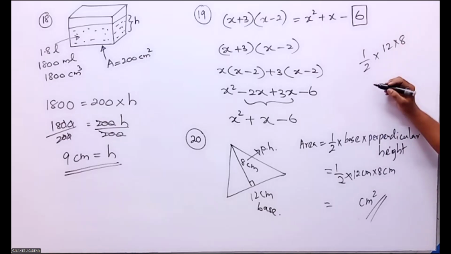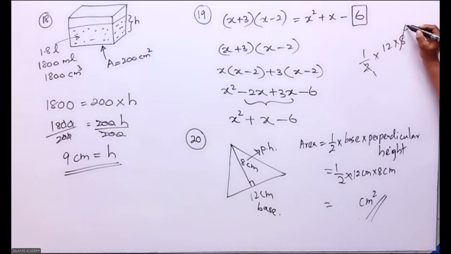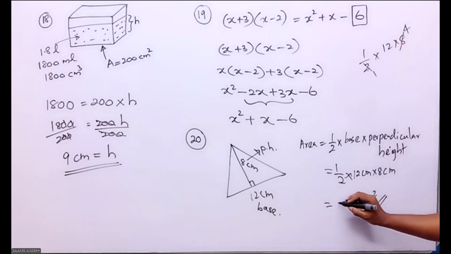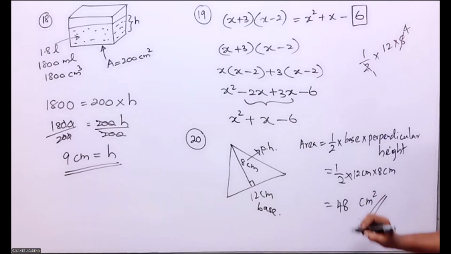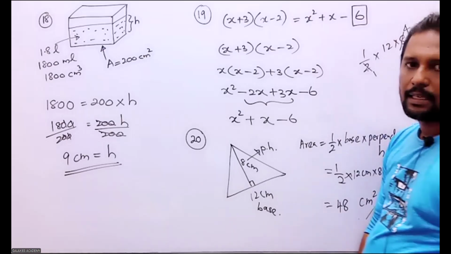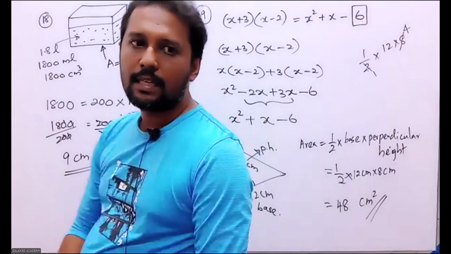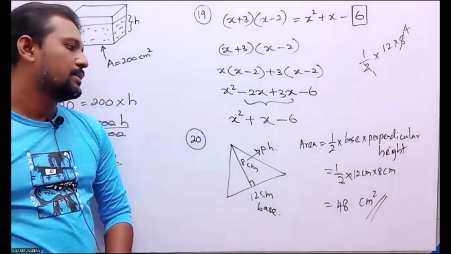You simplify this one. I can simplify 2 and 12 or 2 and 8. You can divide by 2. Then 4 times 12, 48. So the area of this triangle is 48 square centimeters, right? 48 square centimeters.